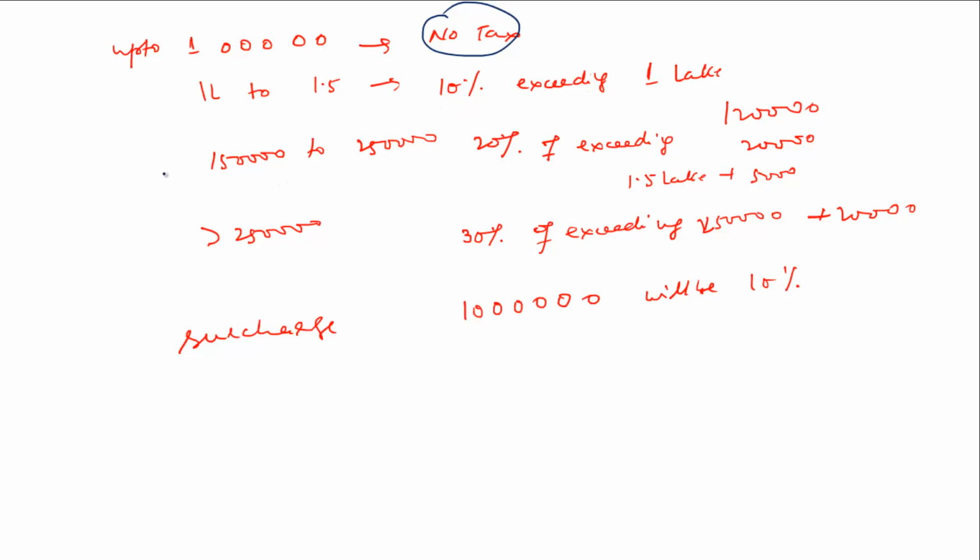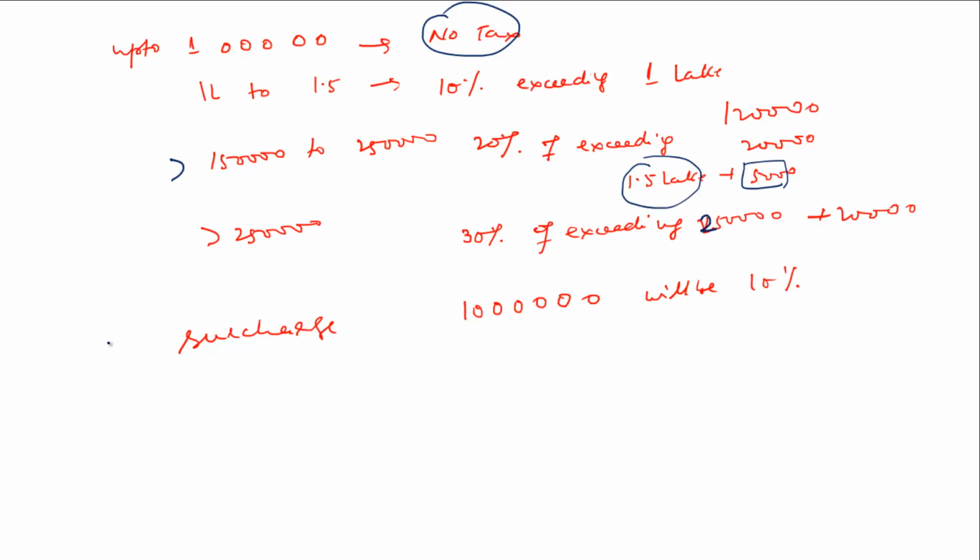If it is more than 1,50,000 to 2,50,000, 20% of the amount exceeding 1,50,000, and again 5,000 extra has to be paid. If above 2,50,000, then 30% of the amount exceeding 2,50,000, plus 20,000 extra has to be paid.